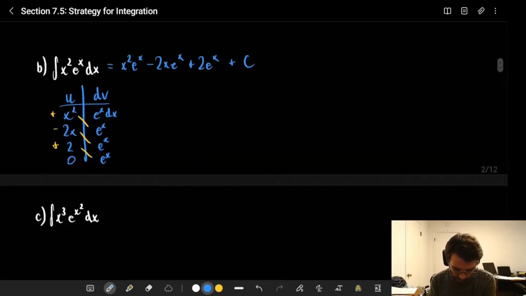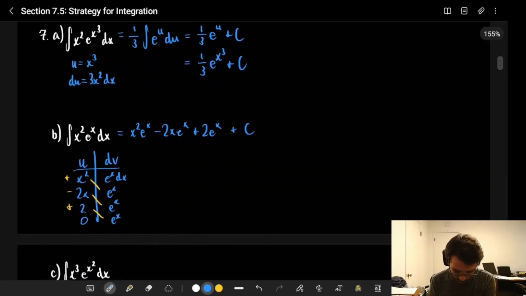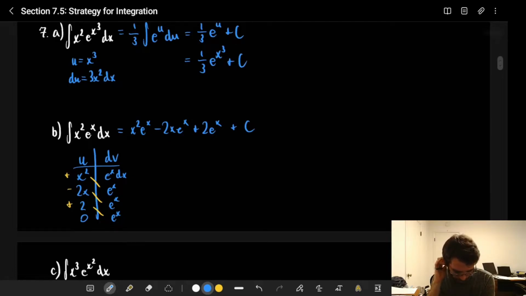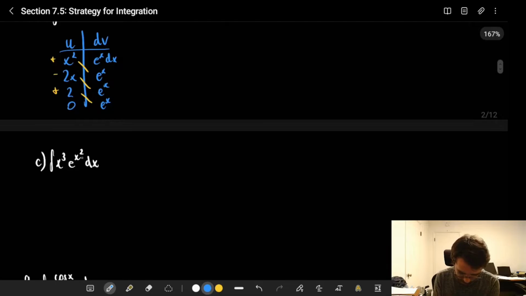Part C, let's see if that's tougher. Part C looks a lot like part A, except they flipped the 2 and the 3. So you can't pick that as u anymore. Of course, you can't pick this as u either, because you don't want a du in the exponent.